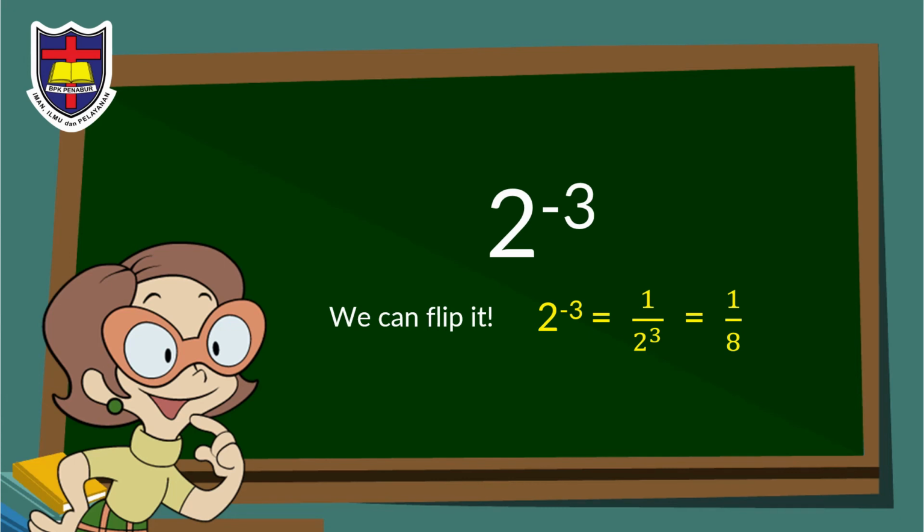So we have 1 over 2 to the power of 3. The sign will be changed from negative to positive. So the result of 2 to the power of 3 is 8. So we can conclude that 2 to the power of negative 3 equals 1 over 8.